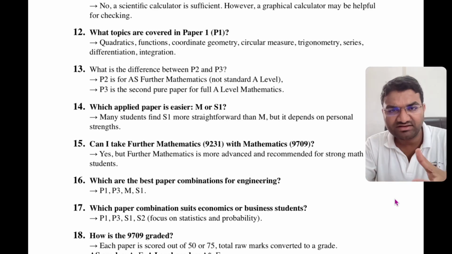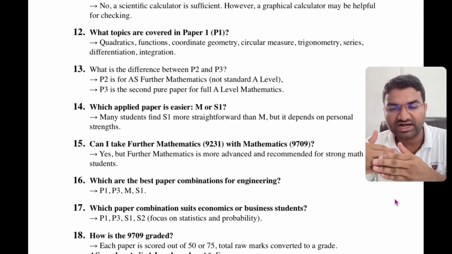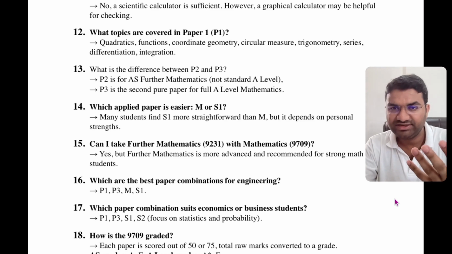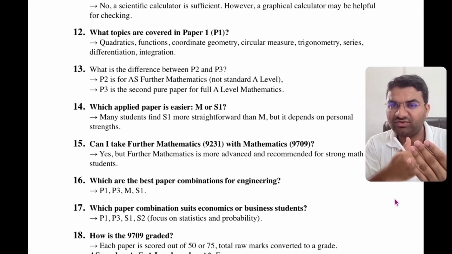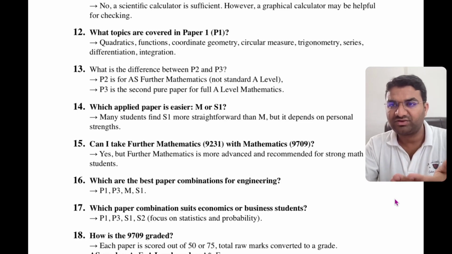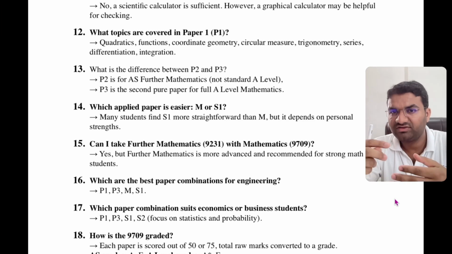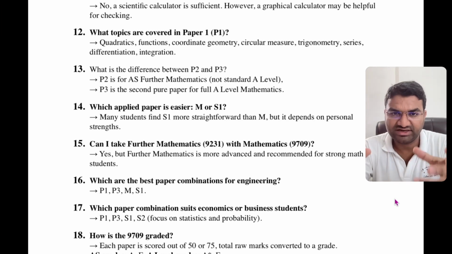Fine. Can I take further mathematics with mathematics? Yes, of course. Many of my students are actually taking both. They continuously work on mathematics along with further mathematics. And here, Cambridge offers students the option to give the exam as a private candidate as well.